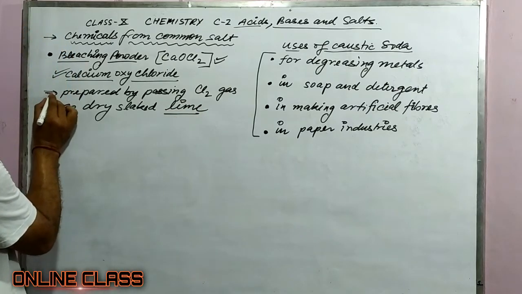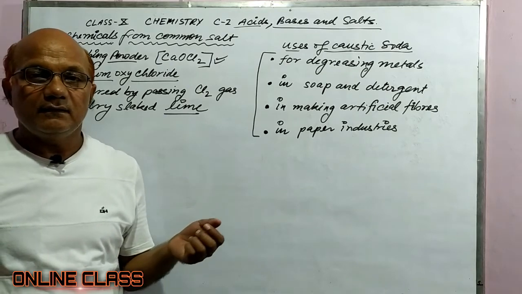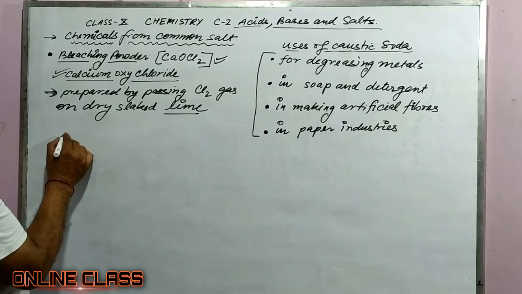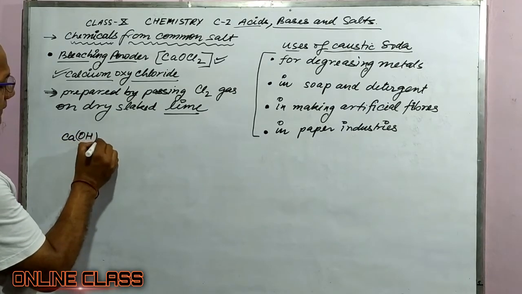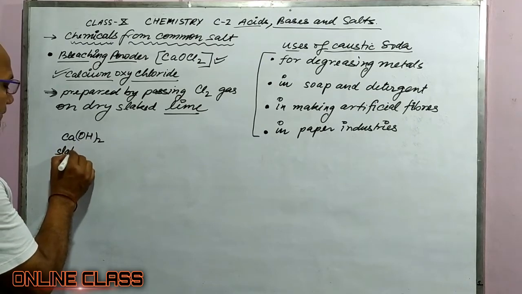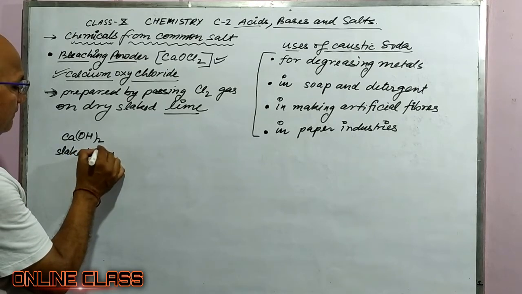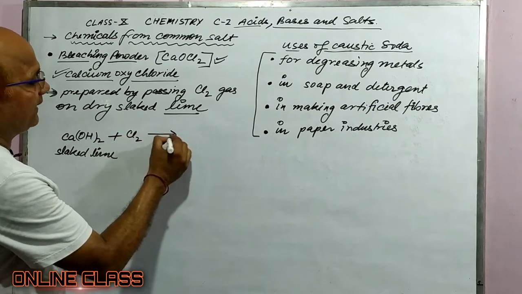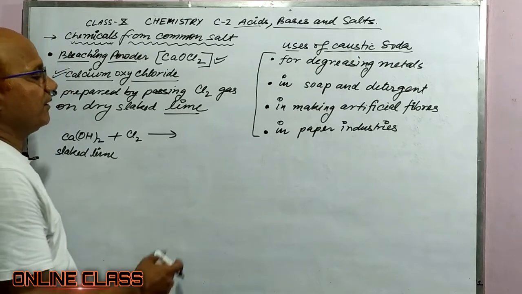So, this is the method of preparation, and now let us see how this reaction takes place. Ca(OH)2 is slaked lime, and when chlorine gas is passed on dry slaked lime, bleaching powder is formed.